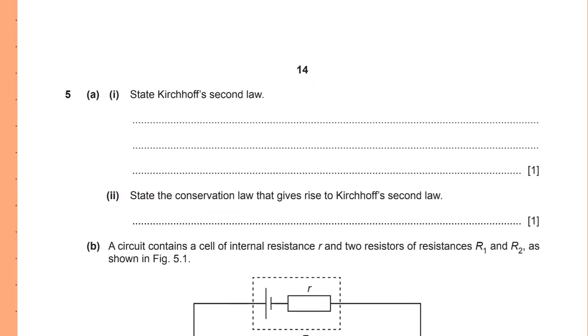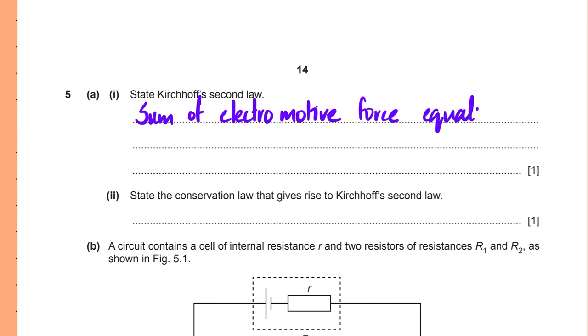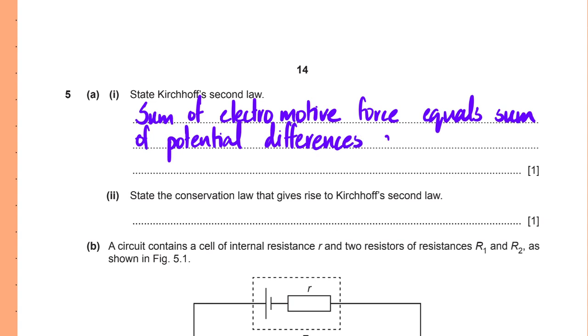Let's go on. State Kirchhoff's second law. So we know that this is the sum of electromotive forces, EMFs basically, equals sum of potential differences around a closed loop.